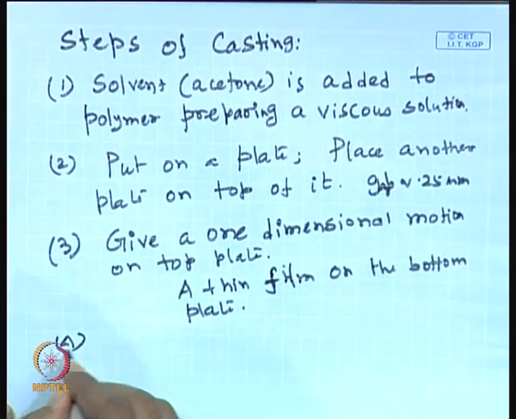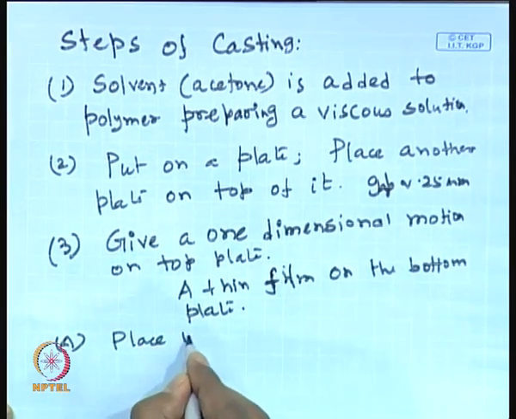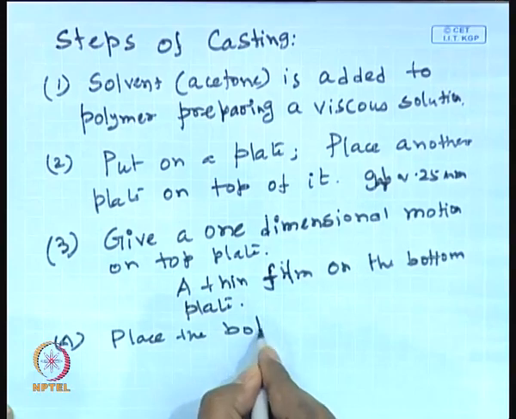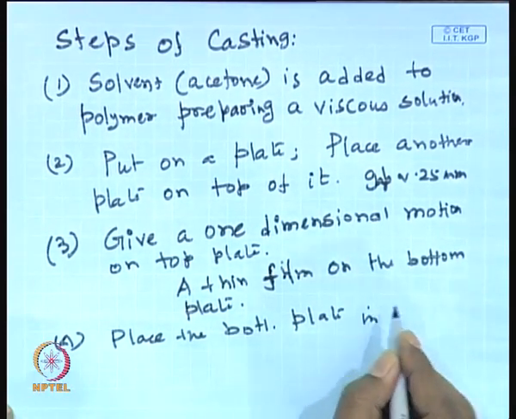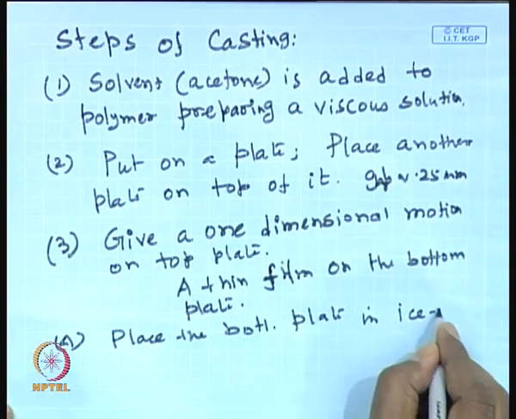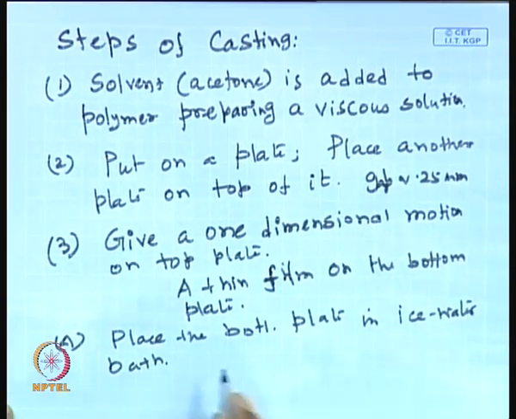Then you take out the bottom plate and place it in an ice water bath. What it does is the polymer film becomes solidified, and it gets detached from the plate.